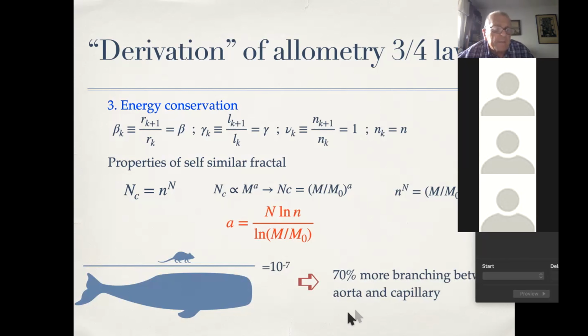So for example, if I compare the mass of a mouse to the mass of a whale, which is of the order of 10 to the minus 7, then there is only 70% more branching between the aorta and capillary in the whale than in the mouse. So this logarithmic relation makes all the animals already somewhat similar.